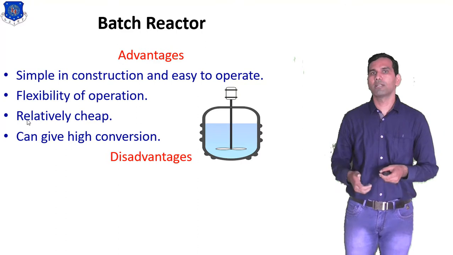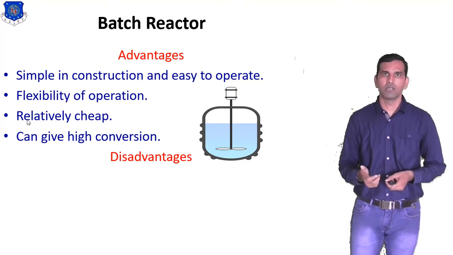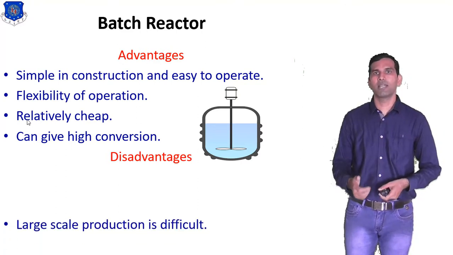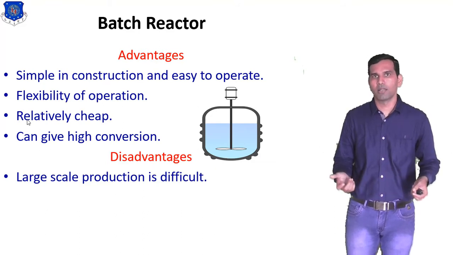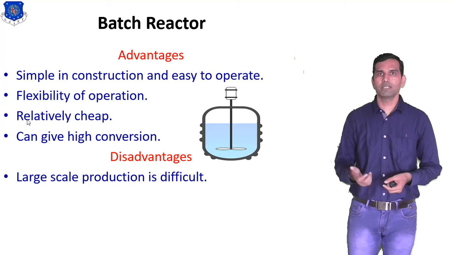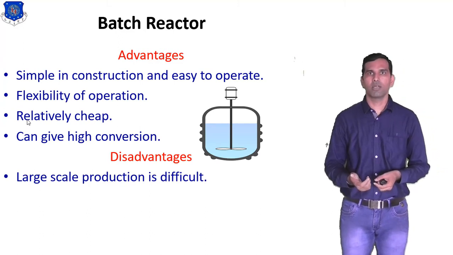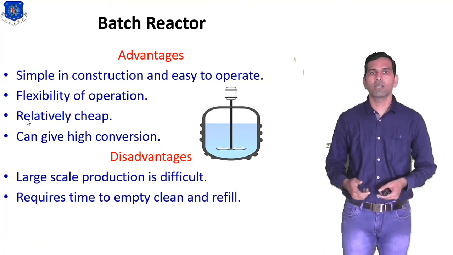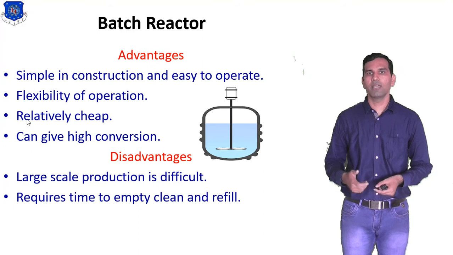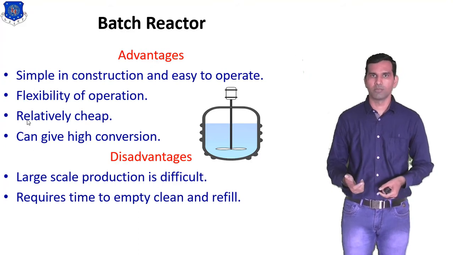Now we discuss the disadvantages of the reactor. First disadvantage is that large scale production is difficult. That means in this reactor we cannot use it for large scale production. Next disadvantage is the time required to empty, clean and refill.